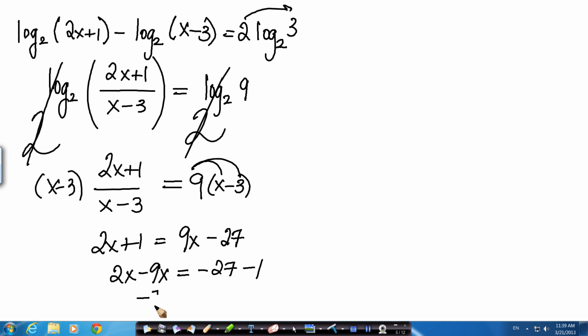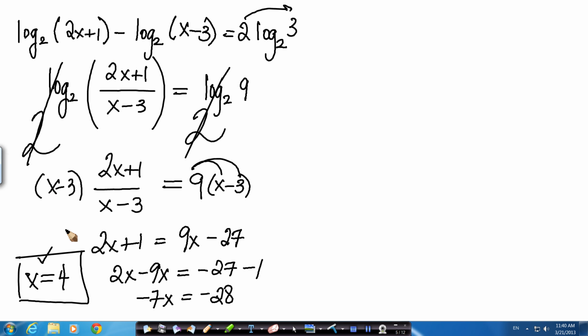So we end up with negative 7x equals negative 28. So x must equal 4. Okay, if we go back up here, 4 minus 3 is 1, so we're good. This checks out.